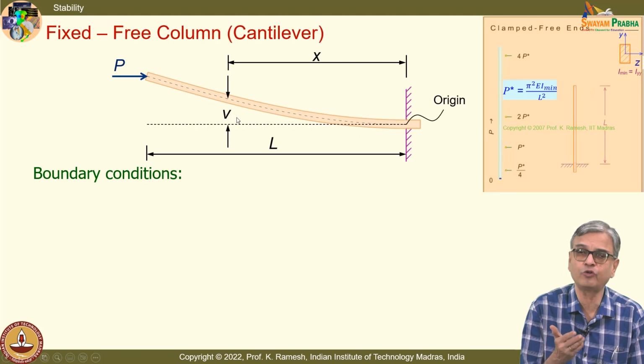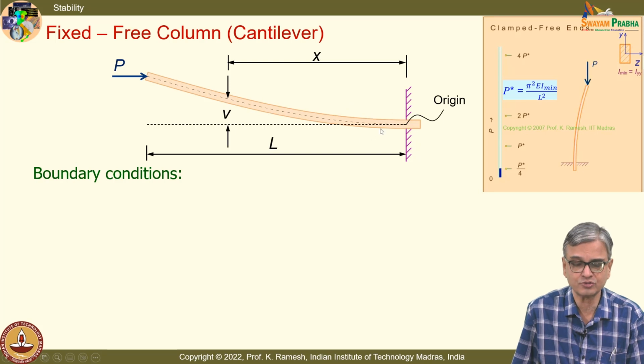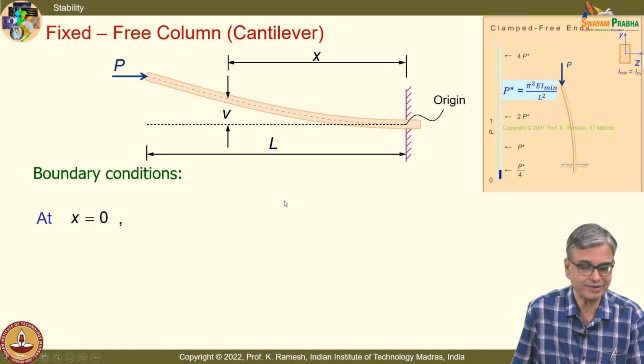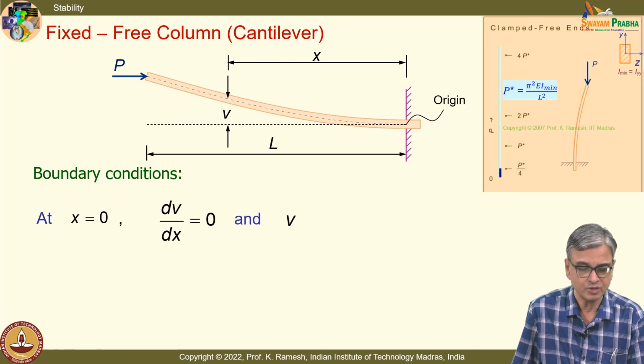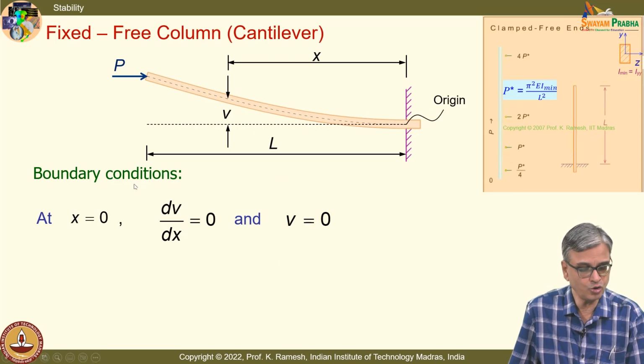See, I have 4 constants, I need to have 4 boundary conditions minimum for me to solve. Here you can write the boundary conditions very easily based on the deflection V. What happens to V here? V is 0 here, and then your slope is also 0. So, you have at x equal to 0, dV by dx equal to 0, and your deflection is also 0.